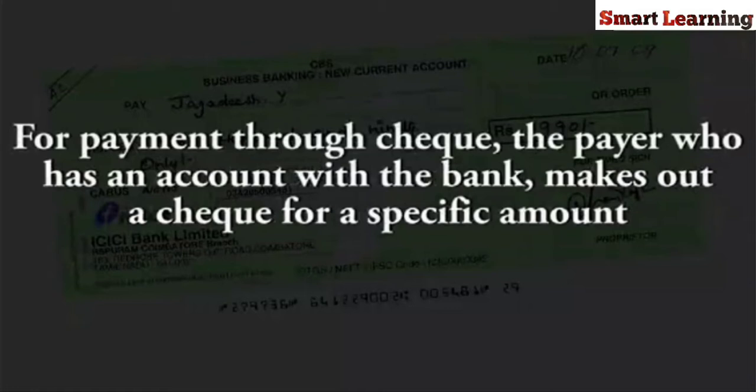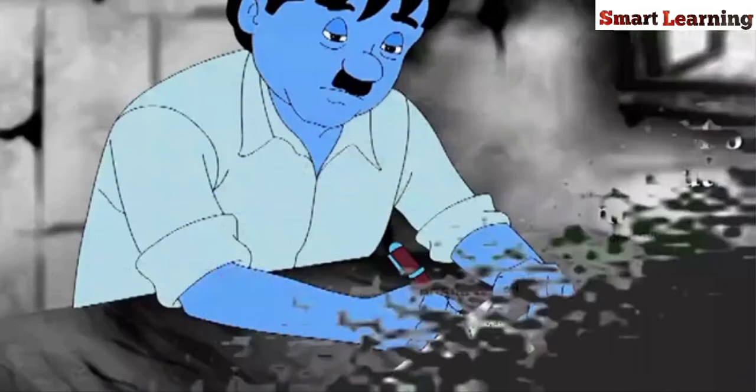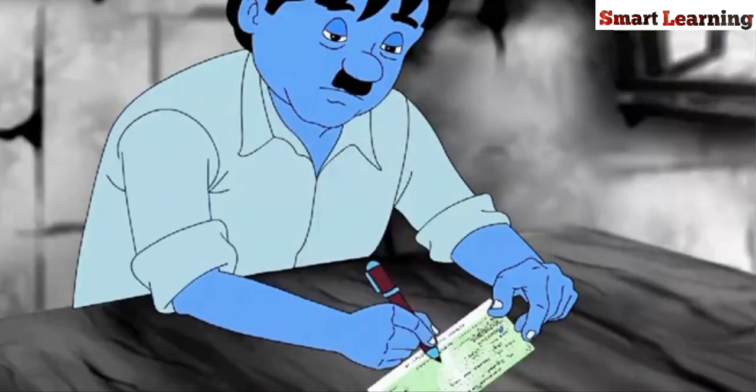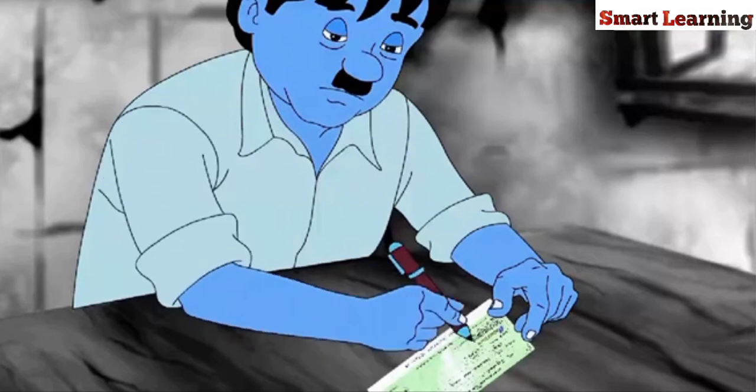For payment through check, the payer, who has an account with the bank, makes out a check for a specific amount. A check is a paper instructing the bank to pay a specific amount from a person's account to the person in whose name the check has been made.